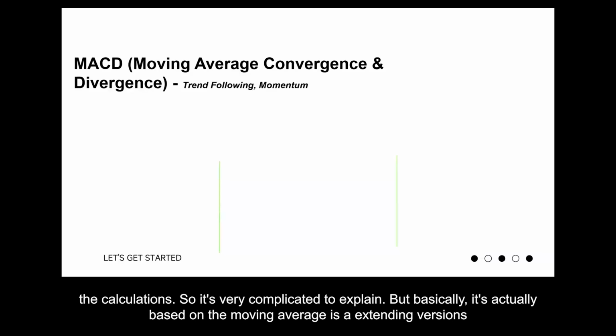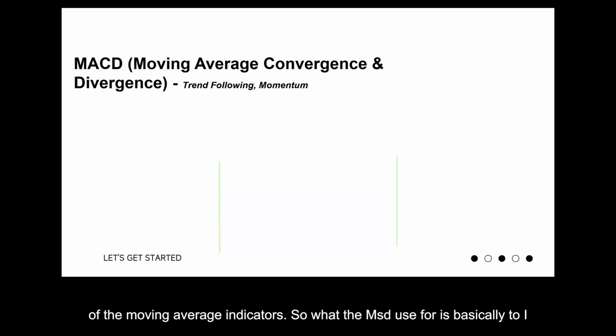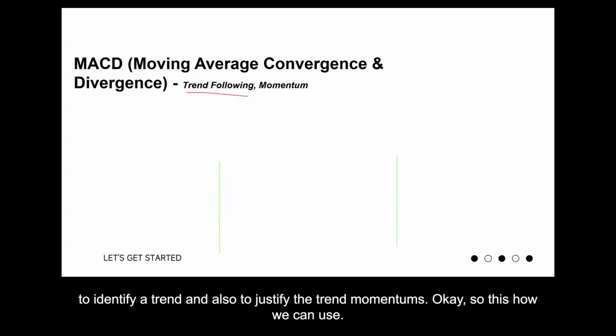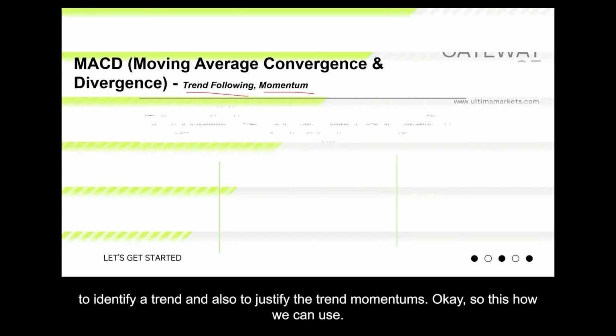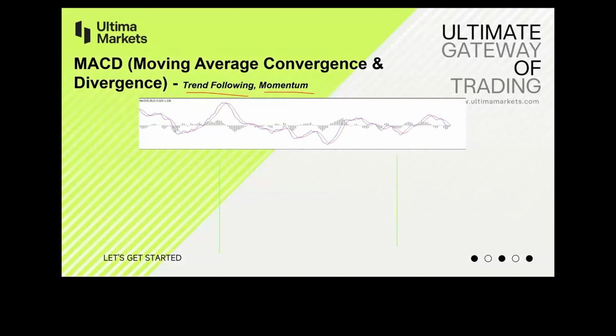It is very complicated to explain, but basically it's based on the moving average. It is an extended version of the moving average indicator. What the MACD is used for is basically to identify a trend and also to justify the trend momentum.